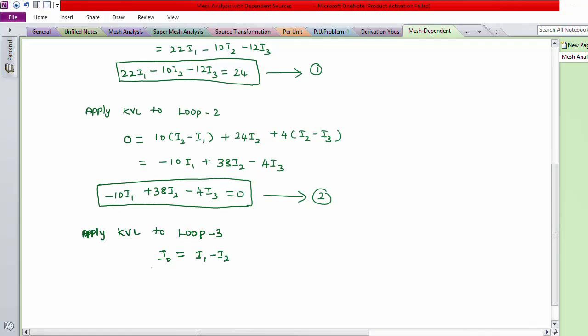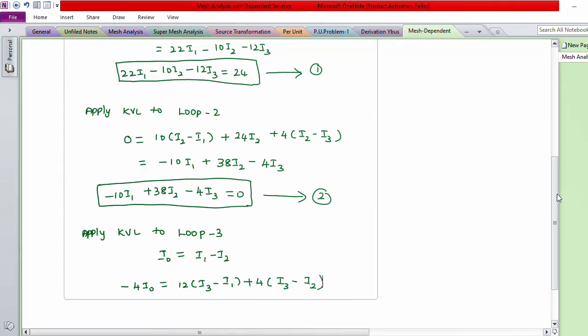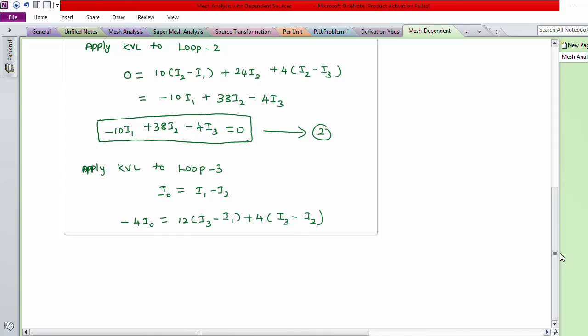I naught is the current flowing through the 10 ohm resistor. So that we can write the current through the 10 ohm as I1 minus I2. Okay. Now we have to apply the KVL for loop 3. That is minus 4 I naught equal to 12 into (I3 minus I1) plus 4 into (I3 minus I2). Now we know the equation for I naught, that is I1 minus I2. We have to substitute that.